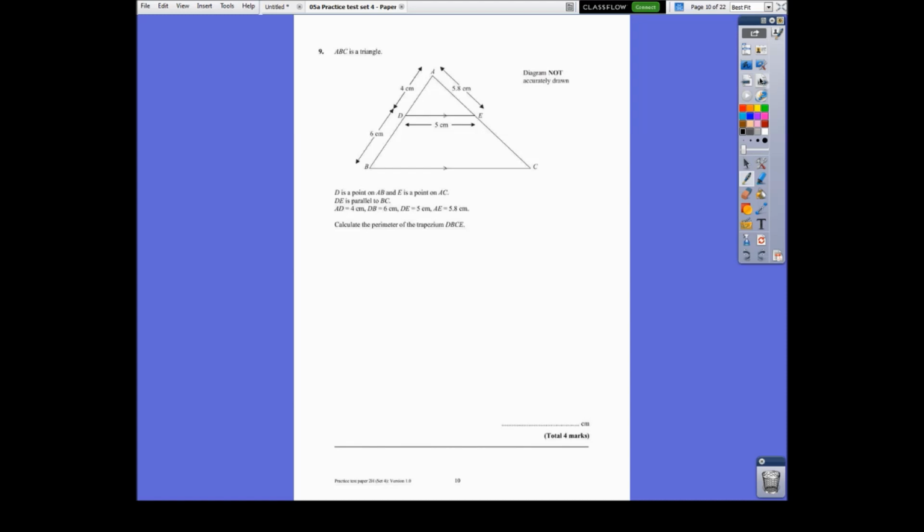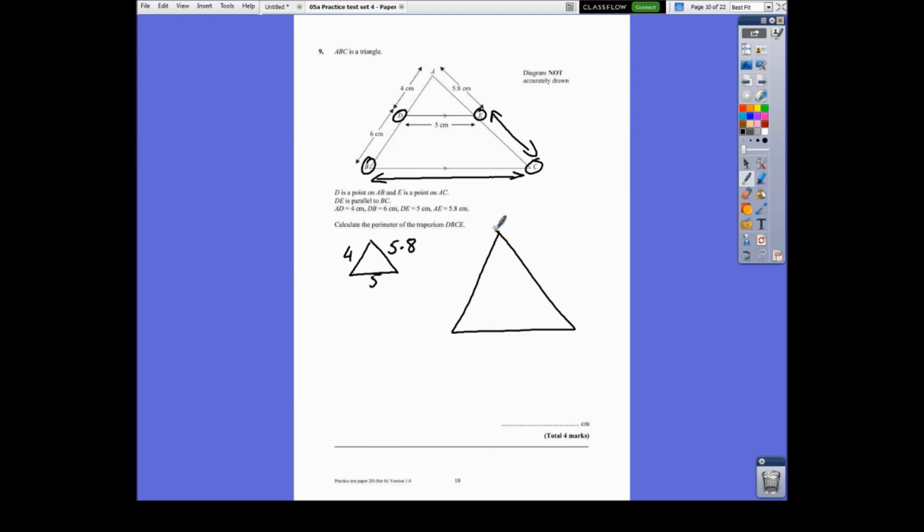So if we want the perimeter of the trapezium, which is just from here to here to here, the distance that we are missing is this one, and we are also missing this one. So we need to work out these two lengths. Now, if we draw these two triangles separately, the top triangle is 4, 5, and 5.8. And the big triangle, the total length of this side would be 10.